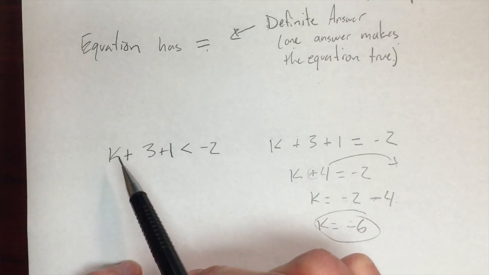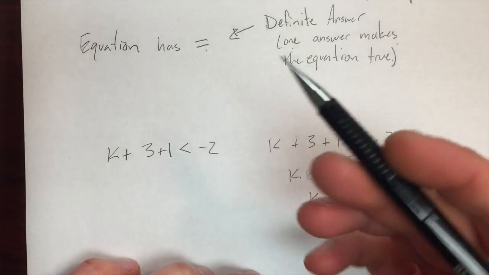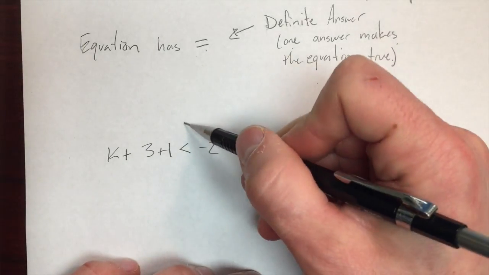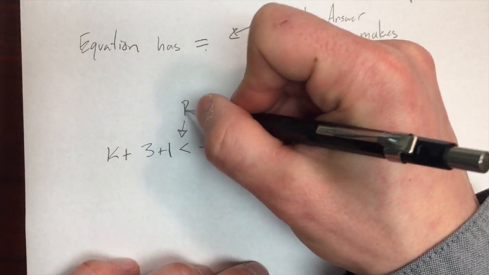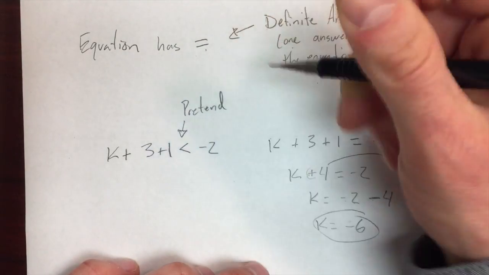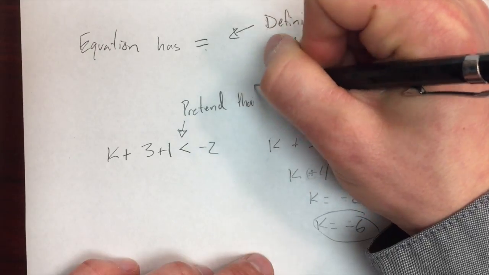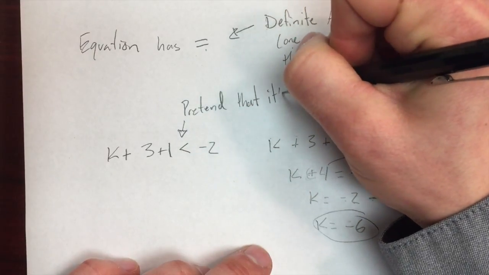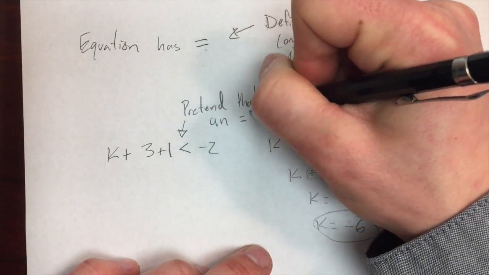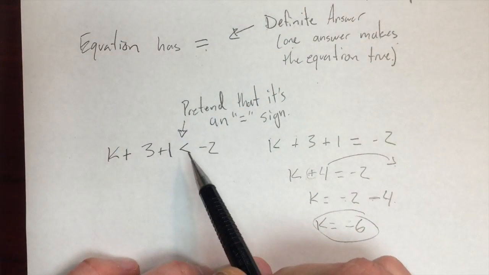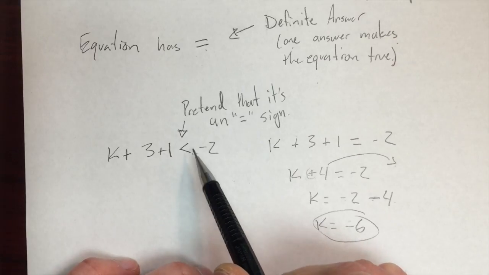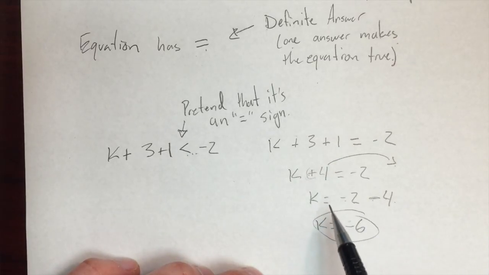Okay, but let's see what happens with the inequality. When we solve this, we're going to solve it the same way. We're going to pretend like this less than sign is an equal sign. We're going to use that as our dividing line between the two sides.